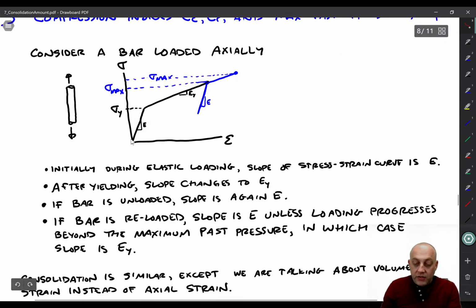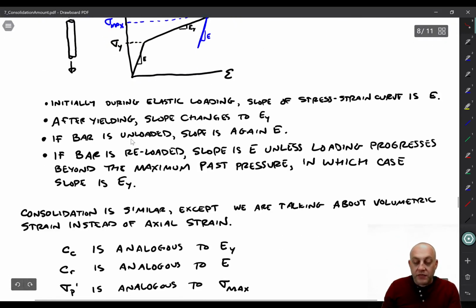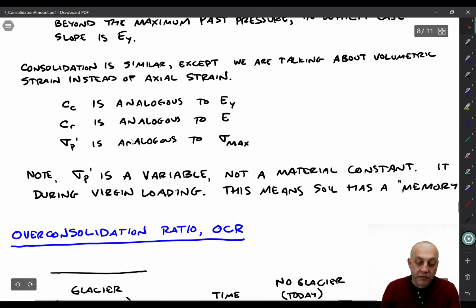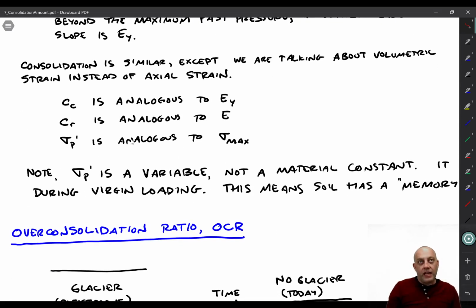Consolidation is very similar to this idea, except instead of talking about axial stress and axial strain, we're now talking about volumetric strain. In the case of one-dimensional consolidation, vertical stress. In the case of multidimensional consolidation, mean effective stress. How much is the overall mean stress changing?